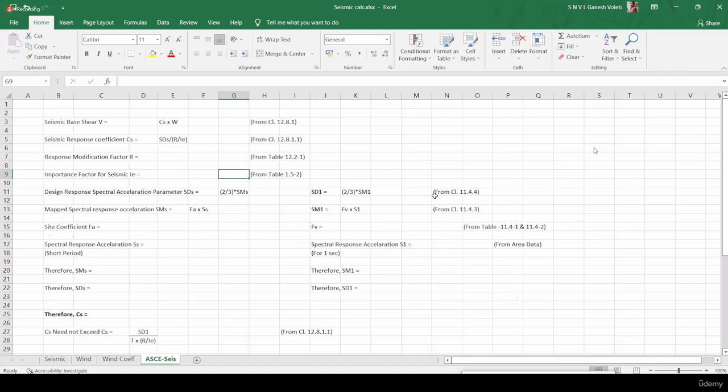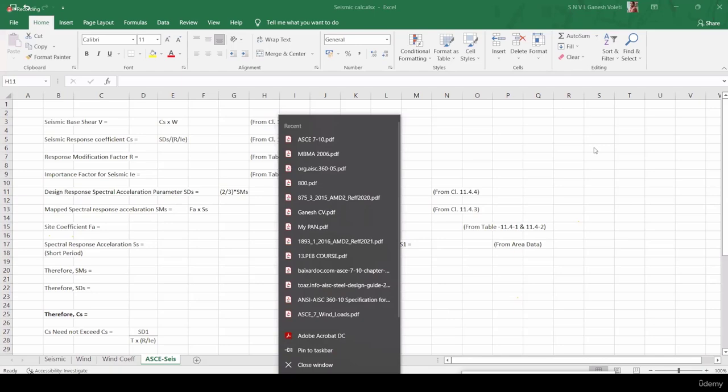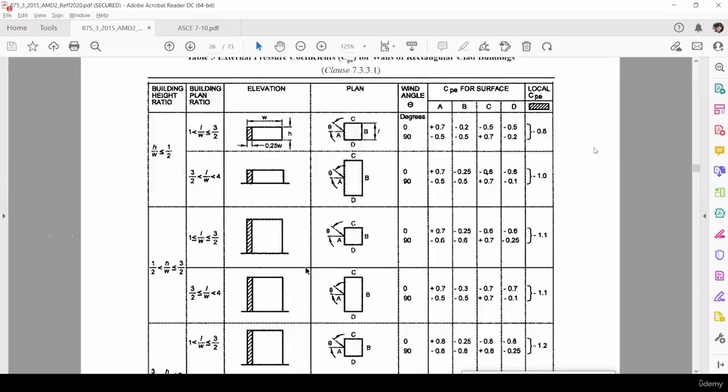Hello, excuse me, sir. I want to ask a question. Yes, tell me. Sir, if both end frames are open, what is the internal wind coefficient? Both end frames are open, you are asking? Yes, sir. Definitely, it depends upon the opening area.